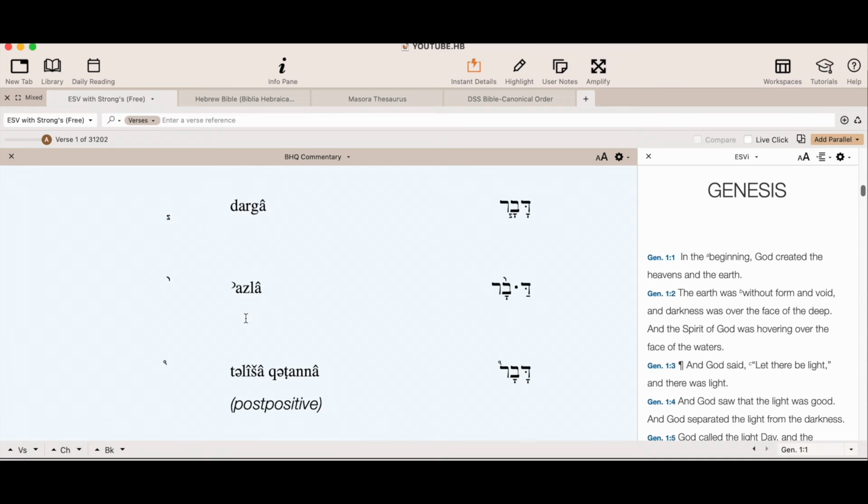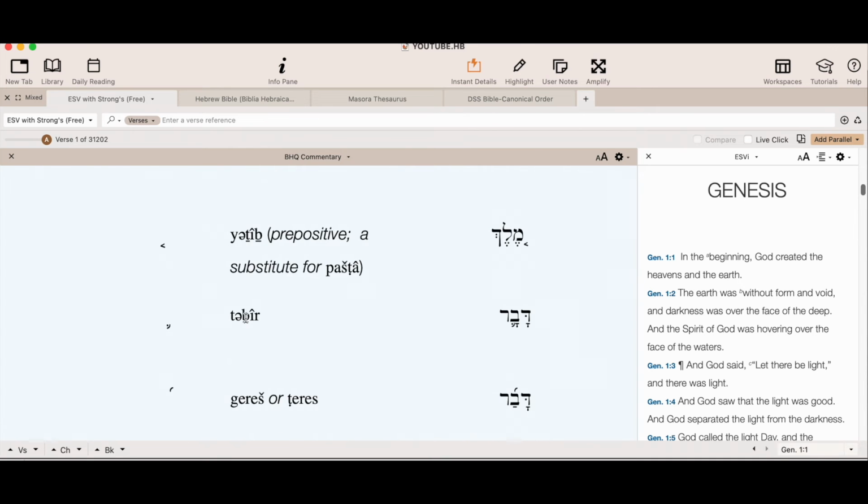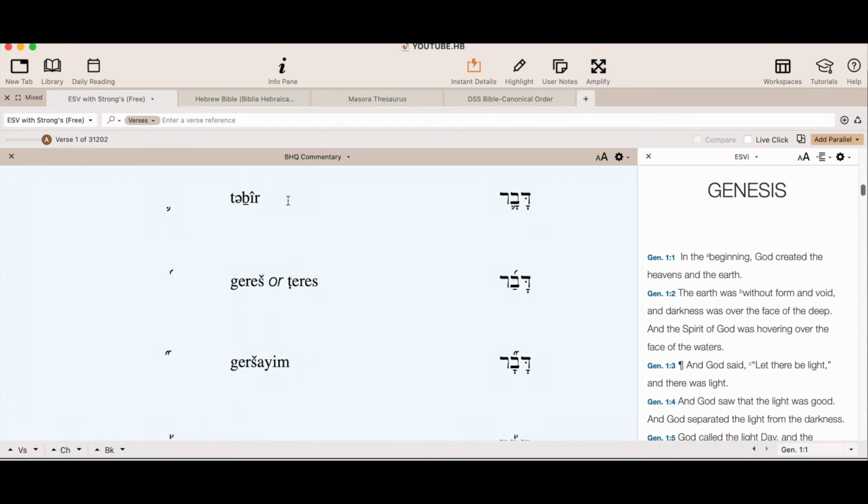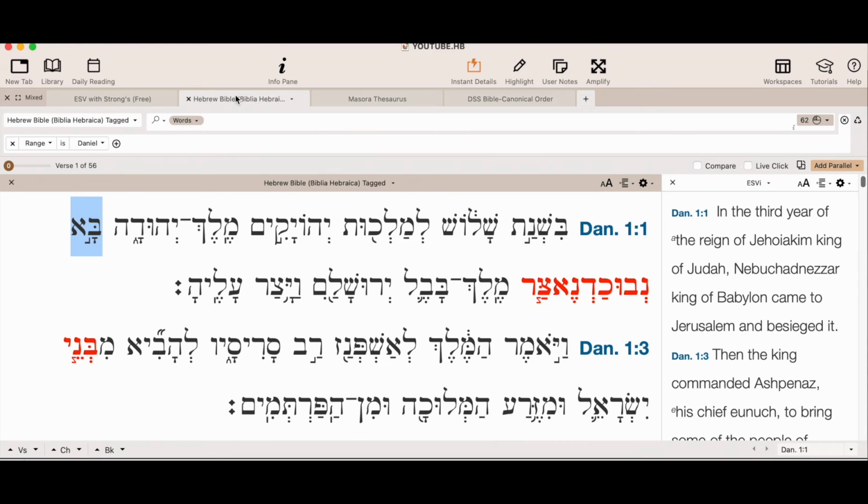And for that one, we have to go back to the disjunctives. And there we see tevir, okay? And so conjunctive, disjunctive. He came, who came? Nebuchadnezzar, king of Babylon. So that phrase is kind of bound together there through the cantillation marks.